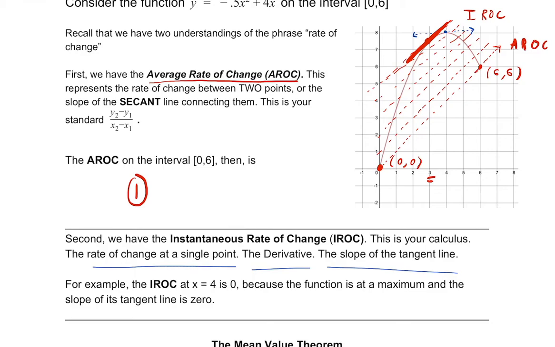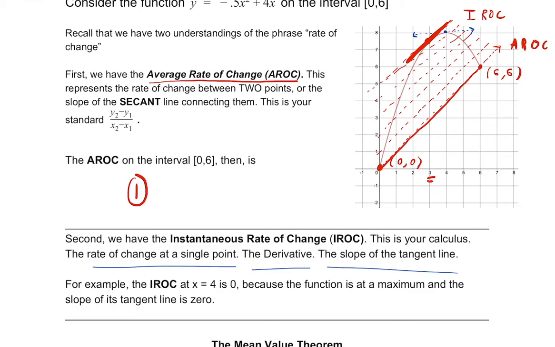Another way of saying this, right, it's commonly referred to as like the Autobahn theorem, the Autobahn, the road in Germany where you can go as fast as you want.